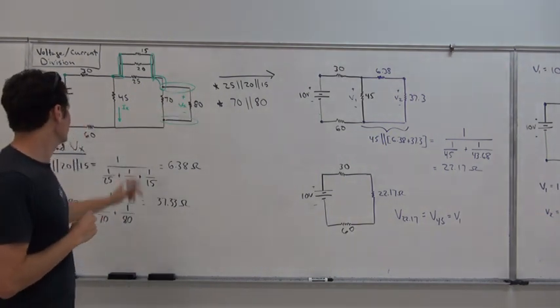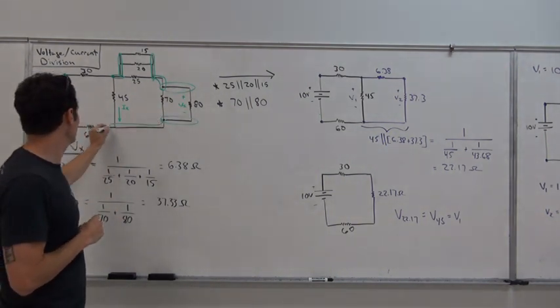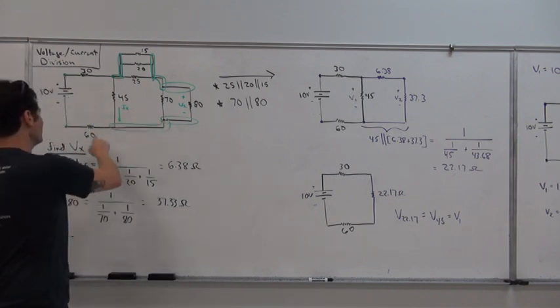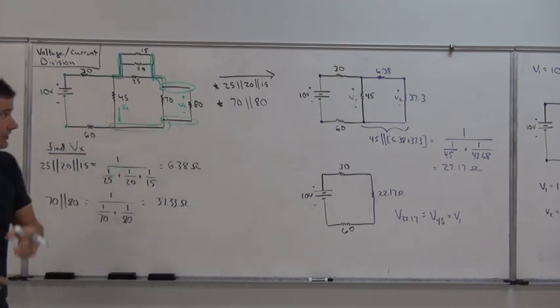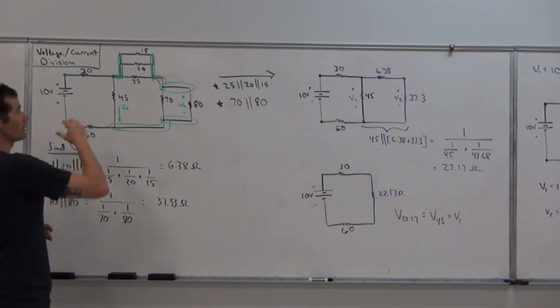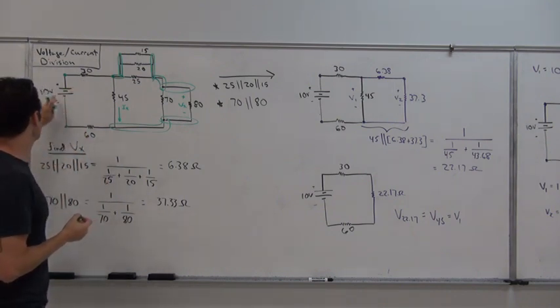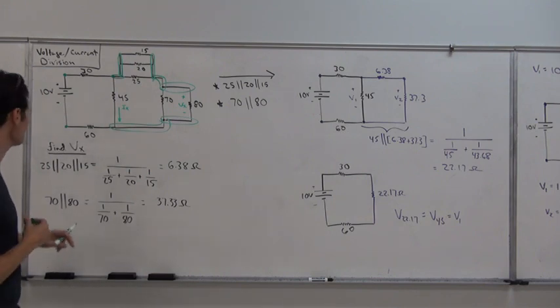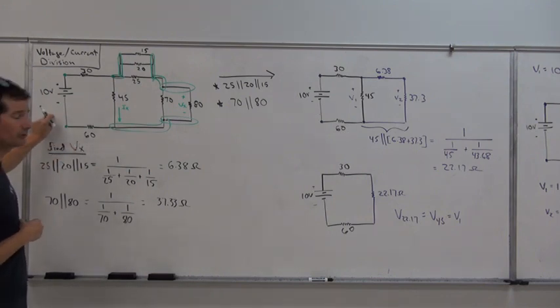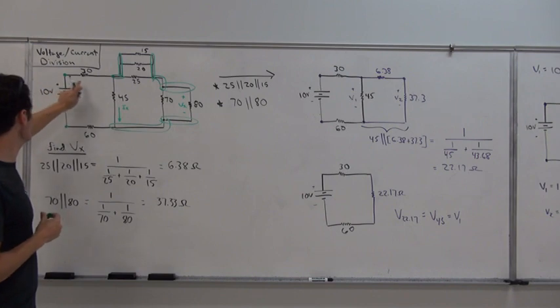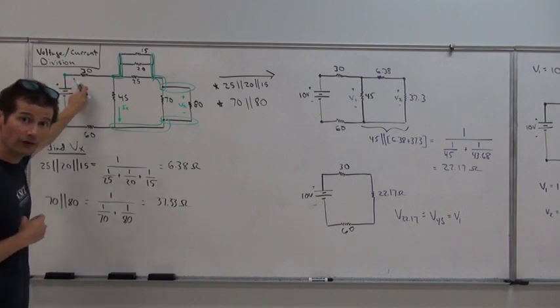Down here is also the same node that connects all the way to the 45 and 60. As a reminder, when we're talking about series elements, 60, 10 volts, and 30 are effectively in series with each other because 60 shares an exclusive node with 10 volts, and 10 volts shares an exclusive node with 30 ohms.